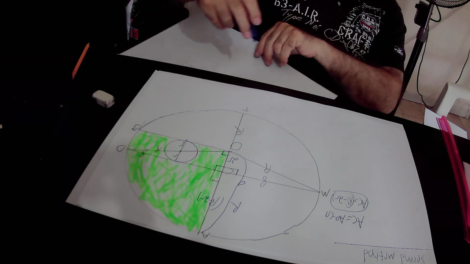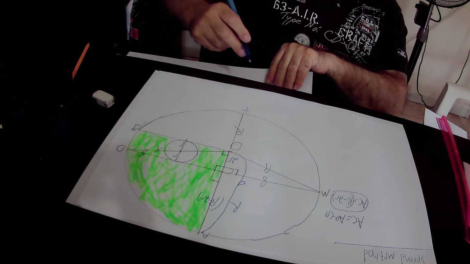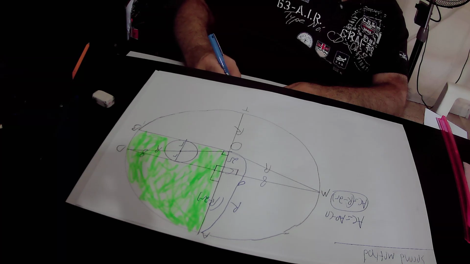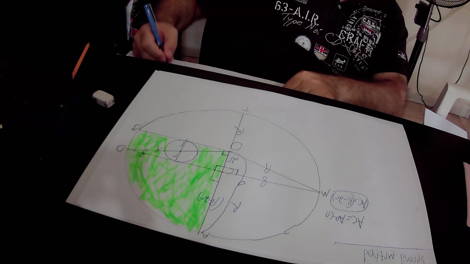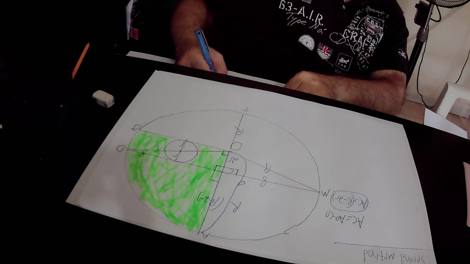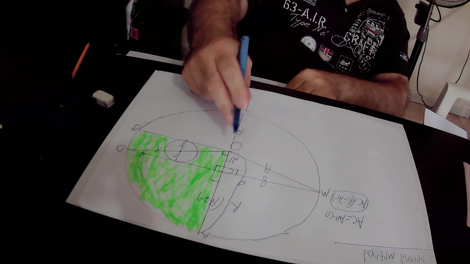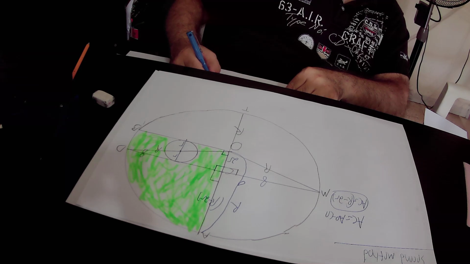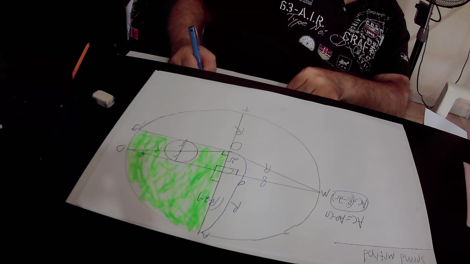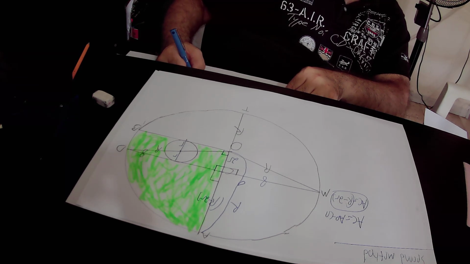MC equals 8, CD also equals 8, so MC times CD is 8 times 8, that is 64. That is equal to AC, which is capital R minus 2R, times CT.